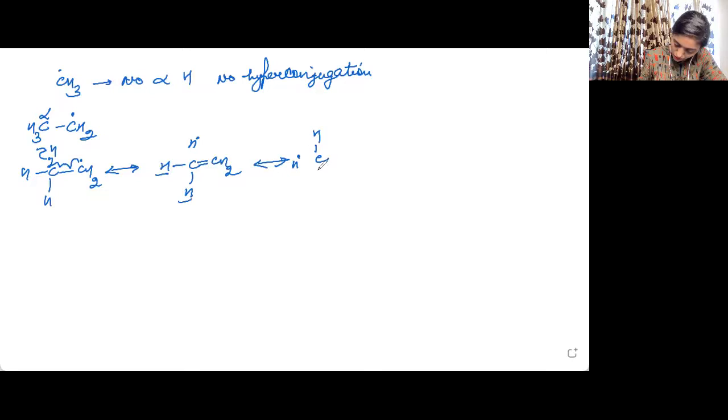So here is the free radical. Then the third hydrogen. Cool. So here 3 hyperconjugative structures are possible, right?